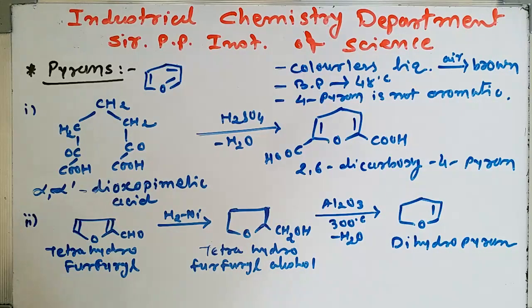Dihydropyran can be obtained by heating tetrahydrofurfuryl alcohol over alumina at 300 degrees Celsius.